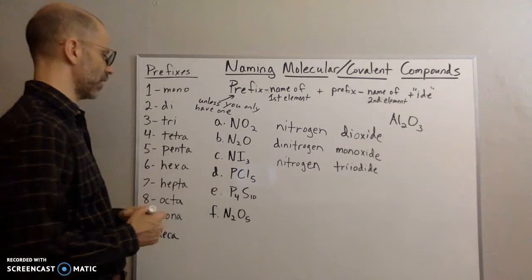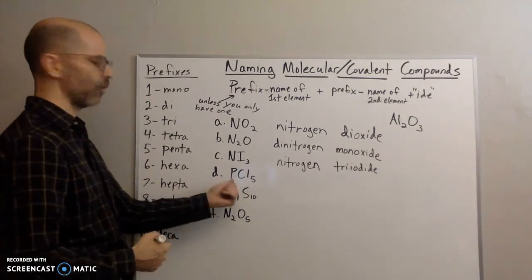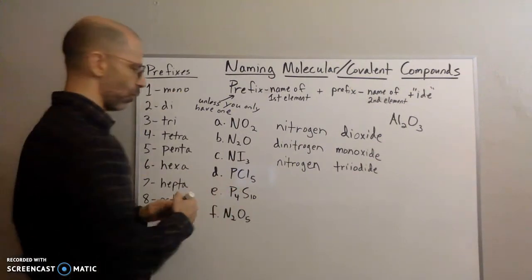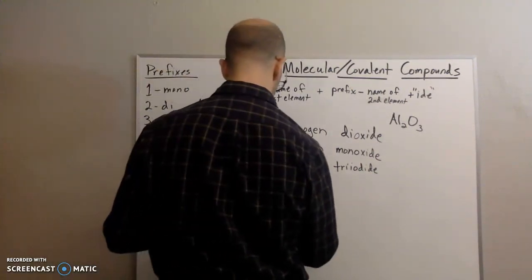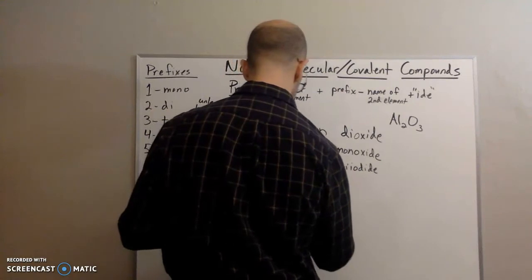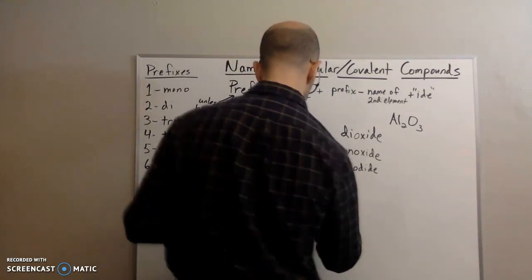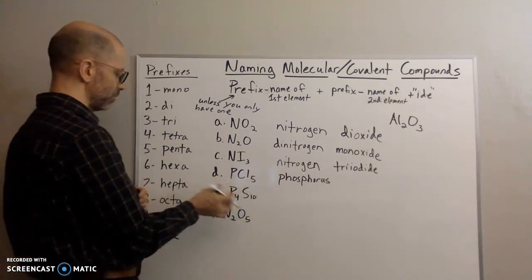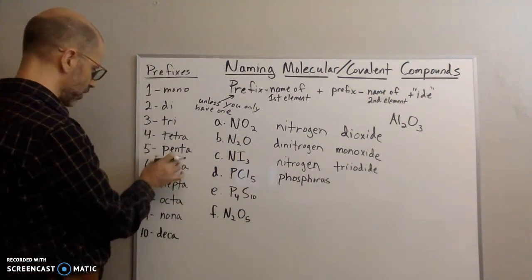All right, next one. I have PCl5. Again, I only have 1 phosphorus, so I just write phosphorus, no prefix. And here I have chlorine, 5 of them, so I need to use the prefix for 5, penta.